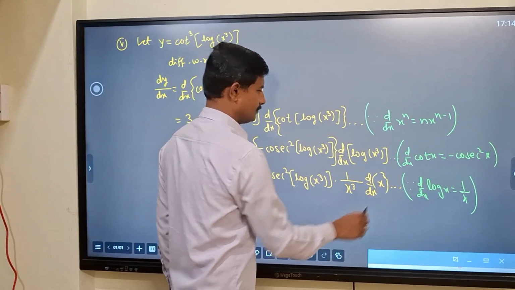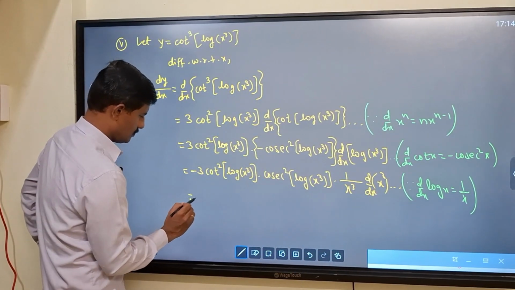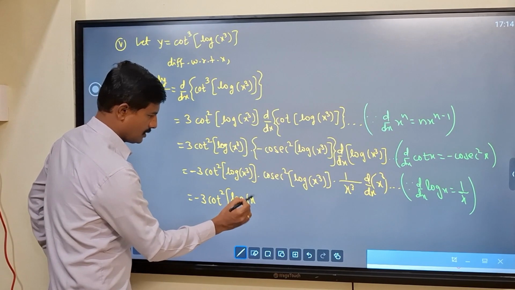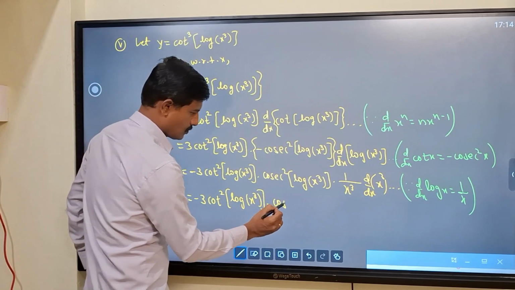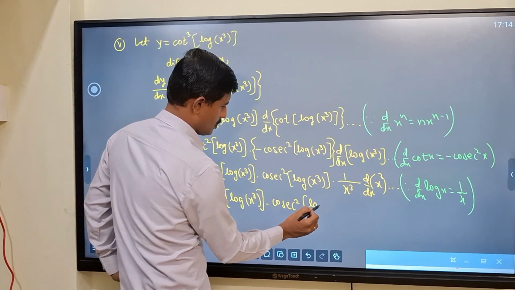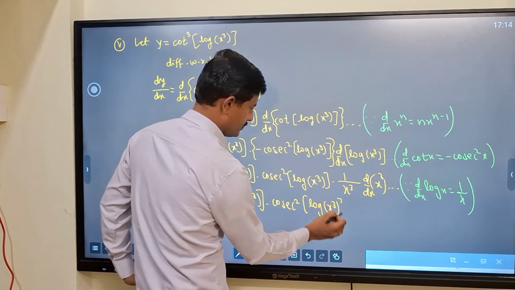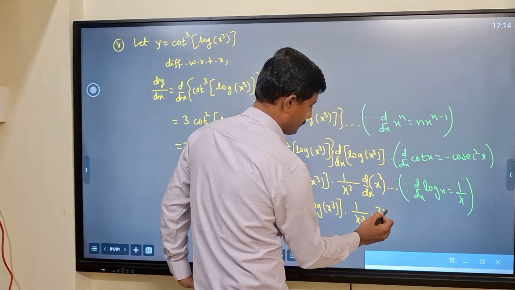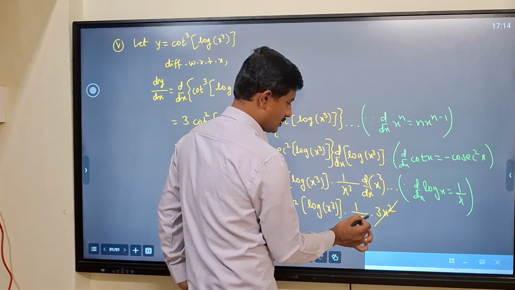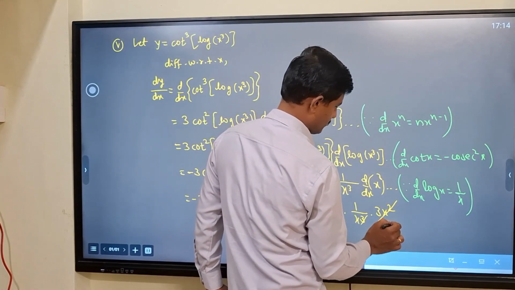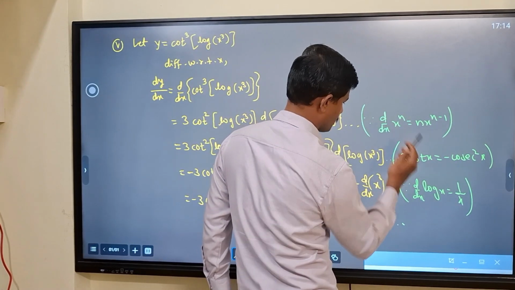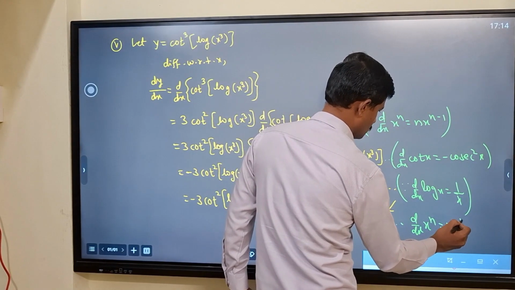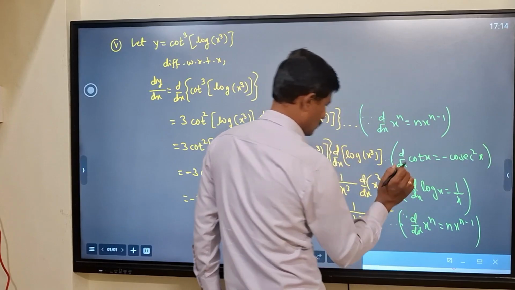Now minus 3 cot square log x cube cosec square log x cube into 1 upon x cube. Differentiation of x cube is 3x square. Now this x square cancels out with this x square, only x will remain. Here we use the formula d/dx of x raised to n equal to n x raised to n minus 1.